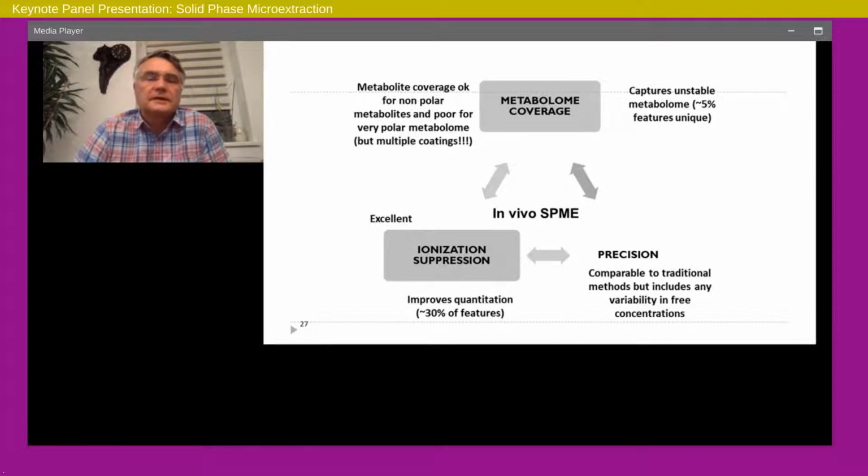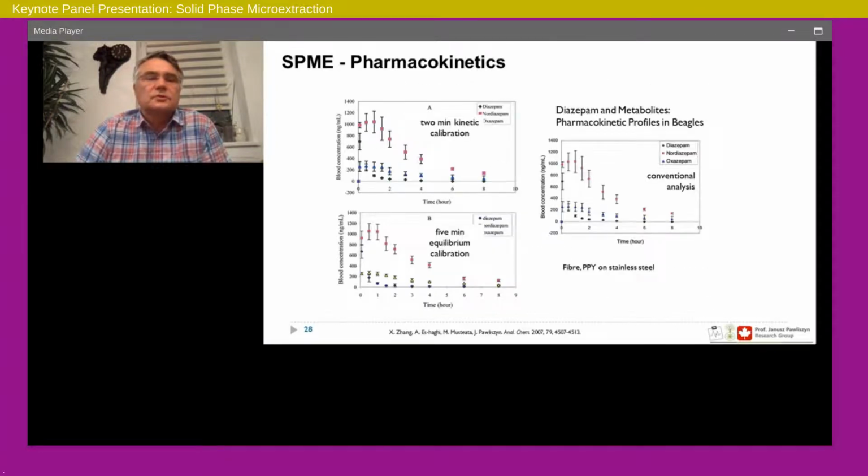And finally, you are sampling the system with minimum damage. For example, if you do mice studies, you can use one mouse over the whole pharmacokinetic profile without doing much damage to the mouse. So this improves the precision because inter-animal variability is eliminated.